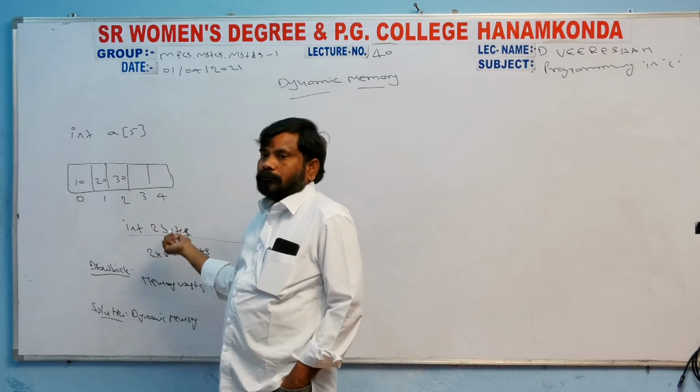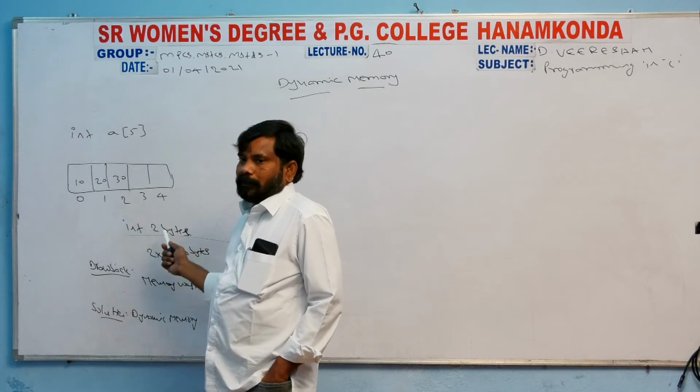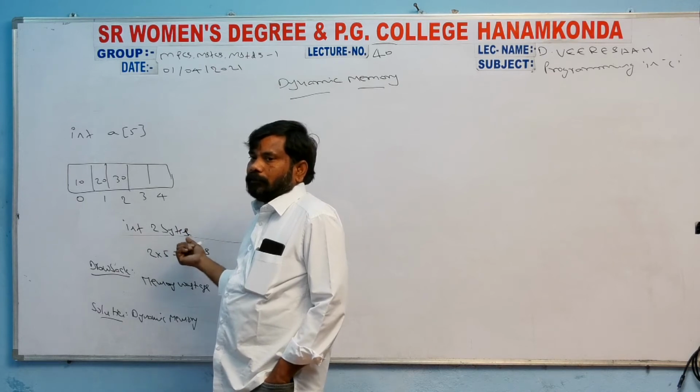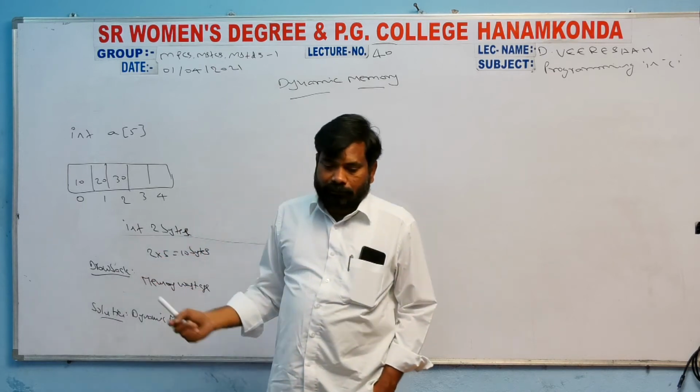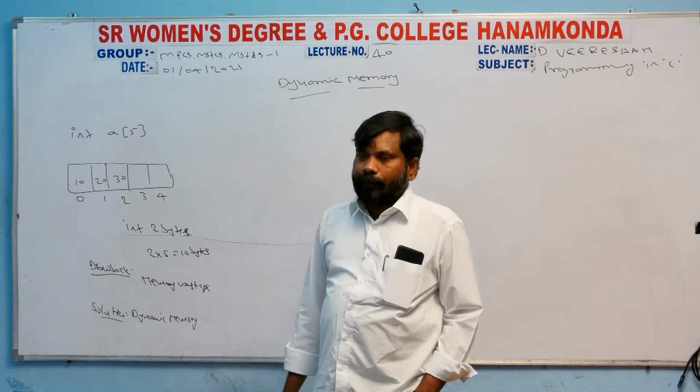It means if you store less than that, the memory will be wasted. If you want to store more than that, overflow will occur. Two drawbacks. So for that, we have to use the concept of dynamic memory allocation. What is the definition of dynamic memory allocation?